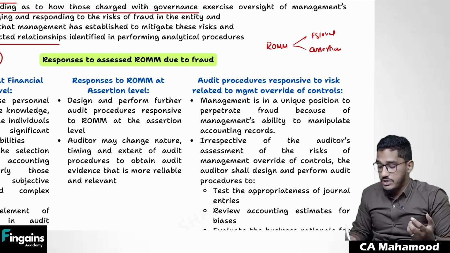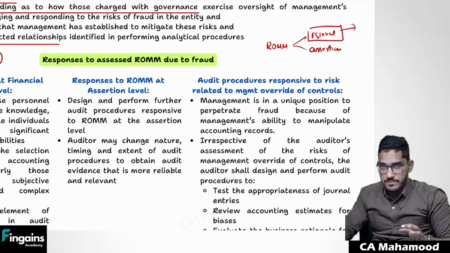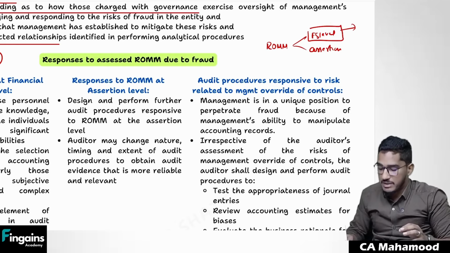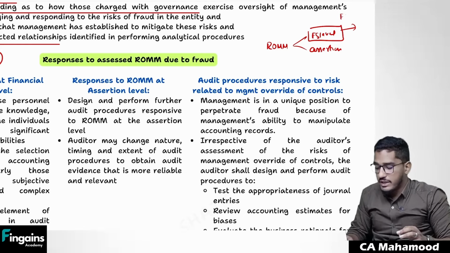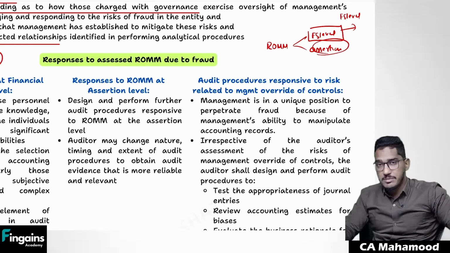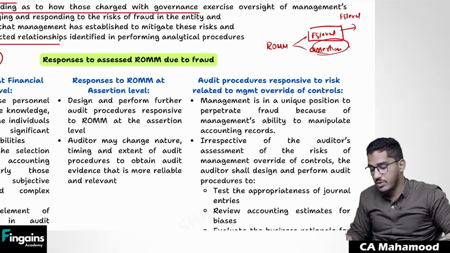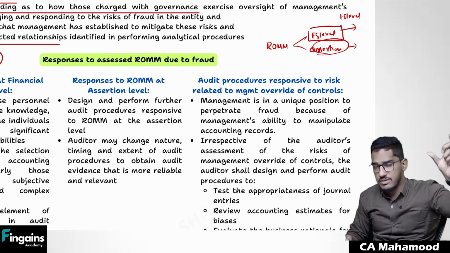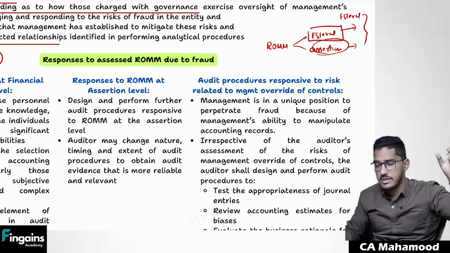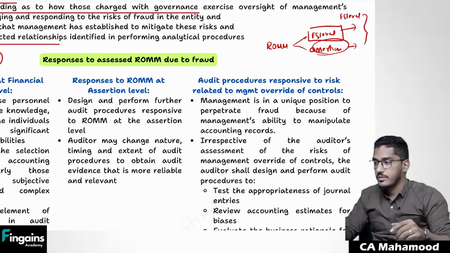If the risk is having the potential to cause a misstatement in the entire financial statements, we call it financial statement level risk. However, if the risk is having the potential to cause a misstatement in just 1 or 2 items, we call it assertion level risk. Just go back to the risk assessment and internal control chapter. We discussed this in a detailed manner.